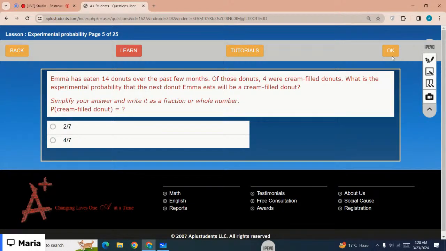Yes, the correct option is 4 out of 14. That would be 2 over 7. Option number 1 is the correct option.